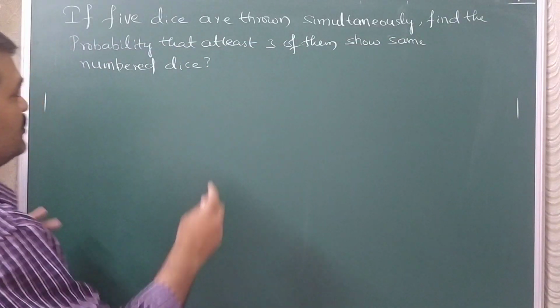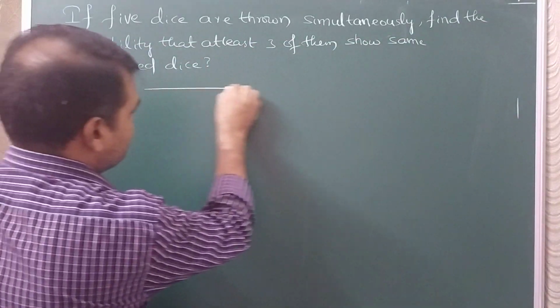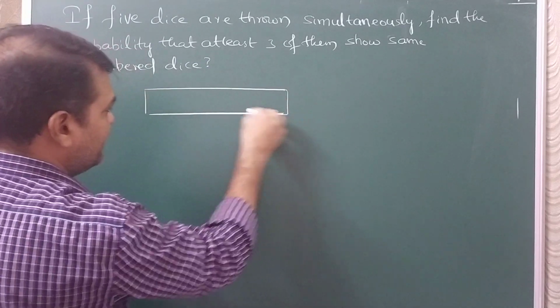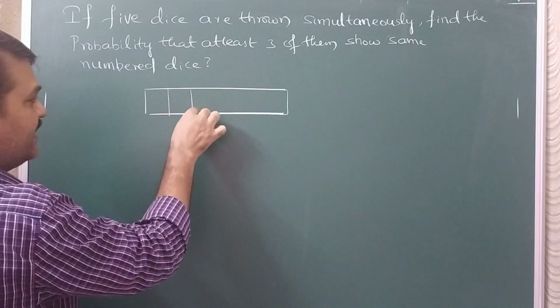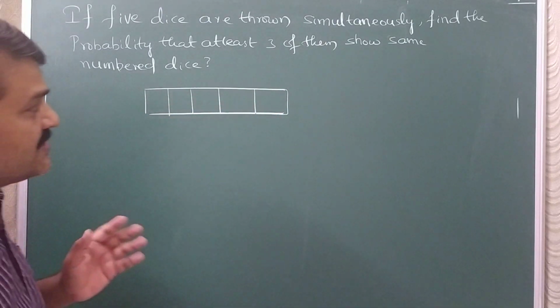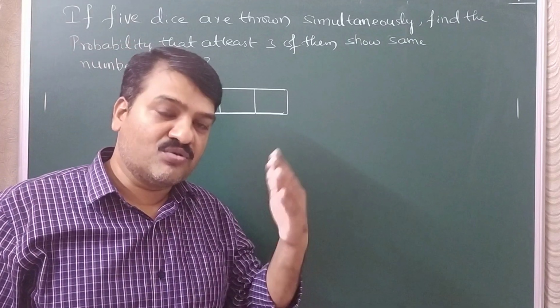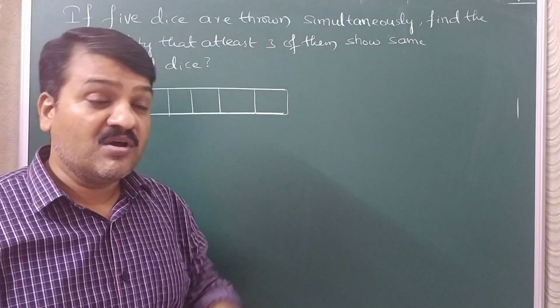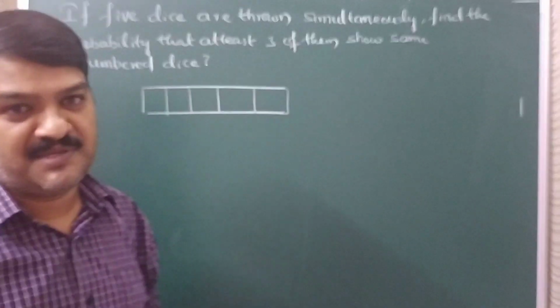Okay. So for example, if I am taking 5 dice like this, at least 3 of them showing the same numbered dice means 3 dice must show the same numbers, or 4 of them can show the same numbers, or 5 of them can show the same numbers.